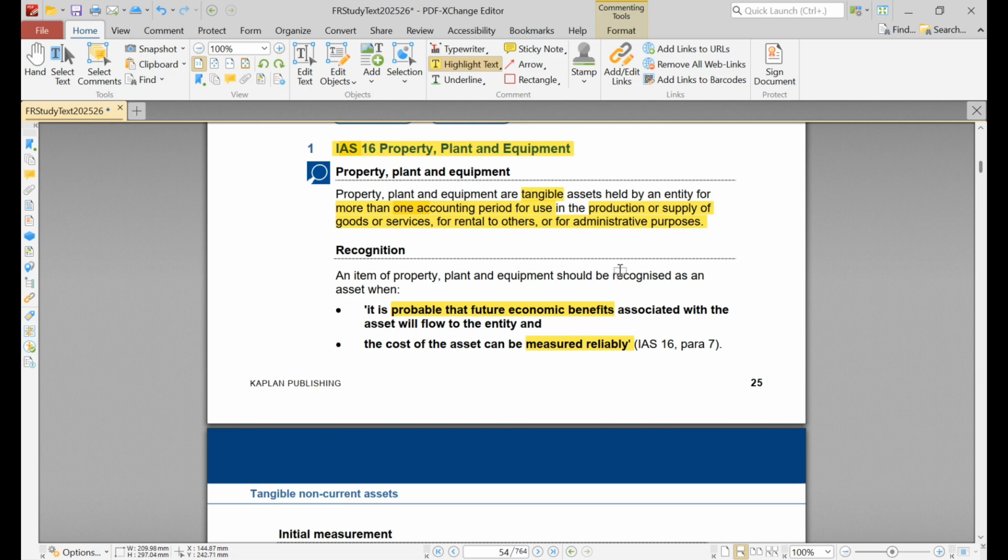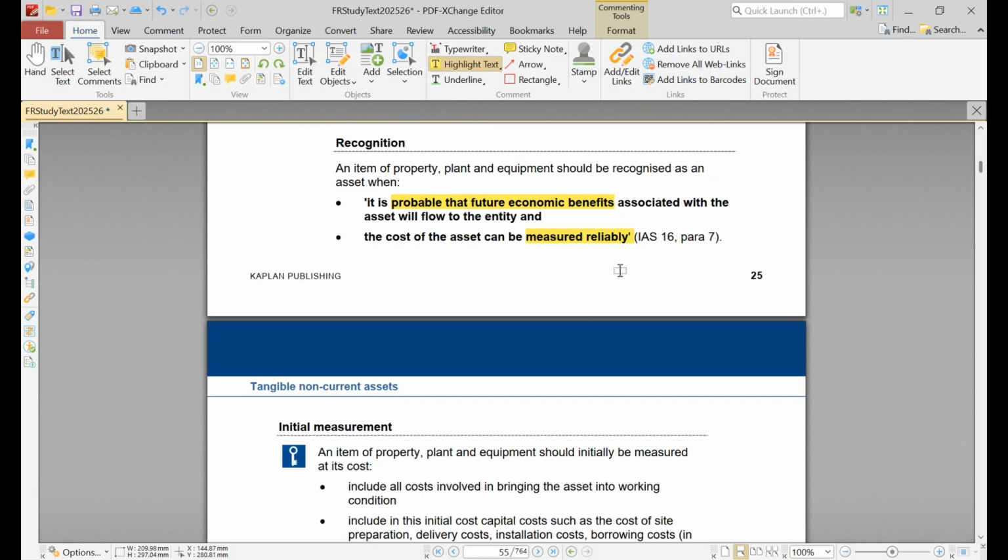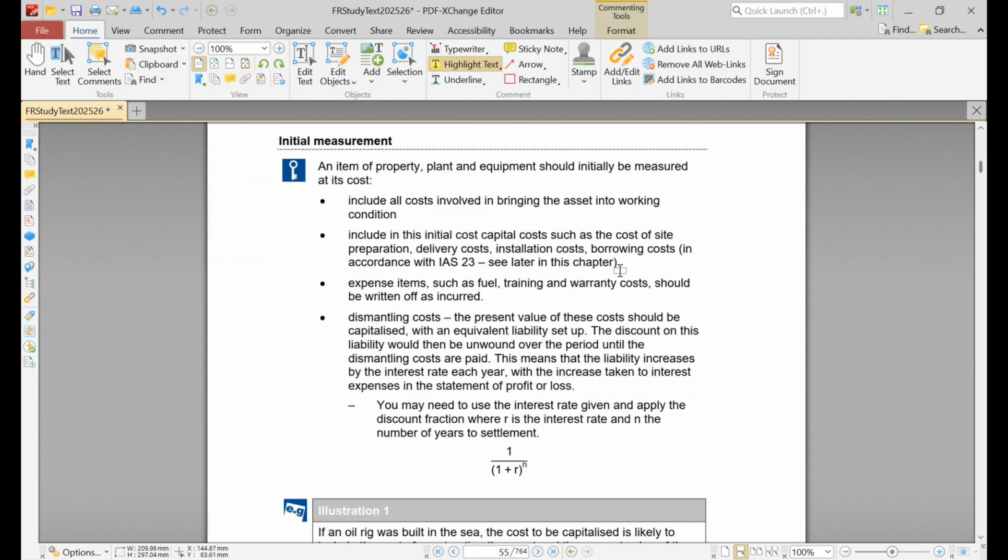So, overall, IAS 16 property, plant, and equipment includes tangible, non-current assets held for business use, and these can be recognized when the cost can be measured reliably and it is probable that certain future economic benefit would be received from the asset. Now, how to record the asset? Initial measurement.